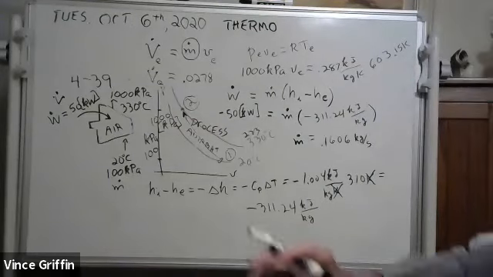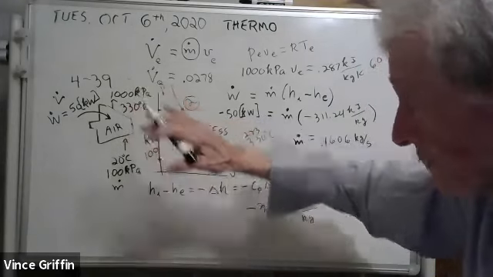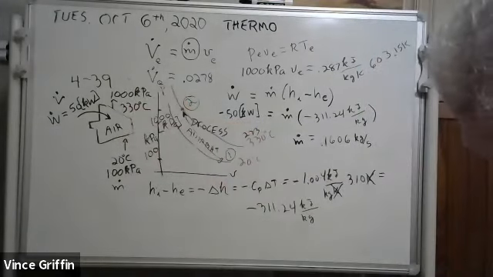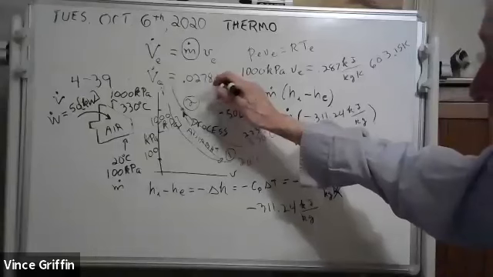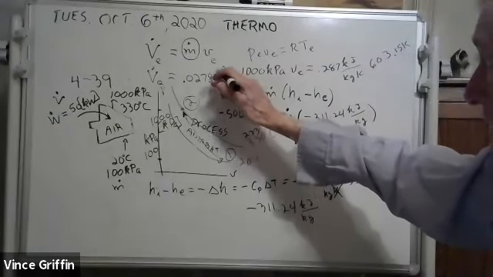This is called volume flow rate. We've got to know the units. Cubic meters per second. That's it. Jolly good show. It's cubic meters per second.